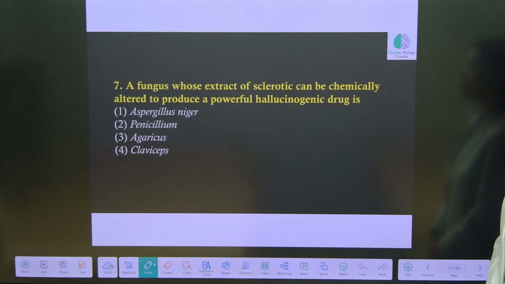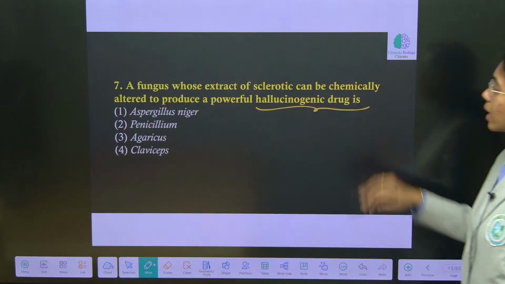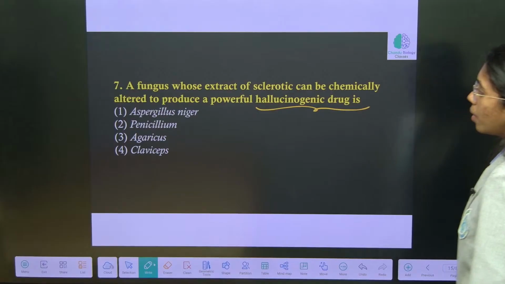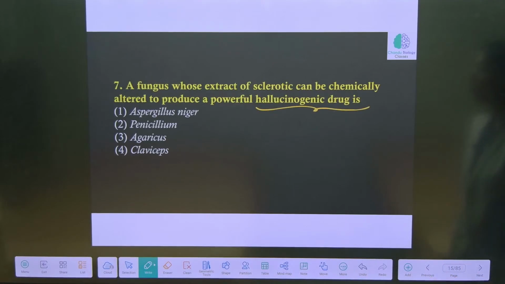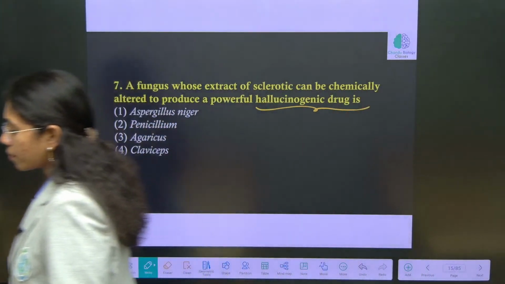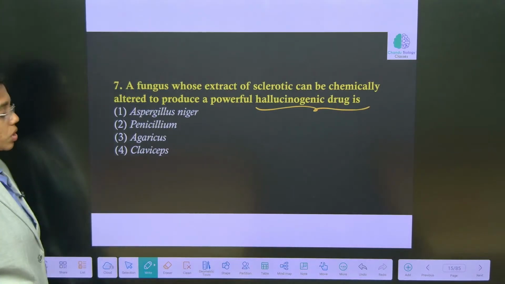A fungus whose extract of sclerotia can be chemically altered to produce powerful hallucinogenic effect. The extract of which fungus will give you that hallucinogenic effect? It is Claviceps.